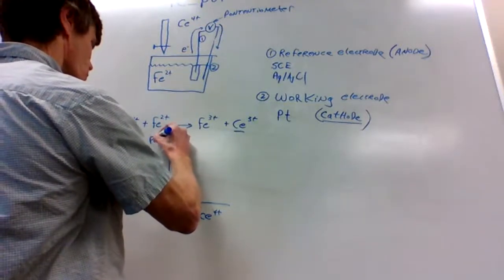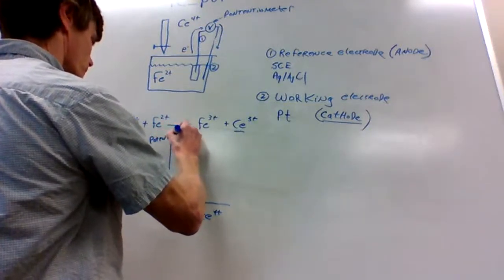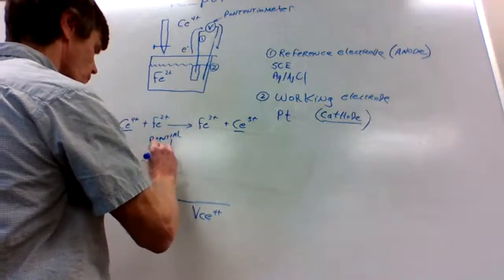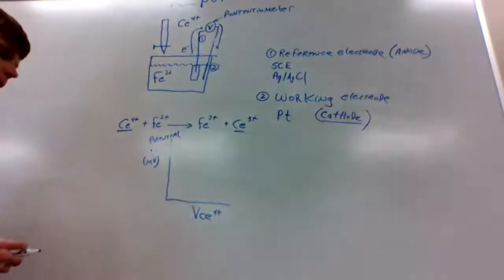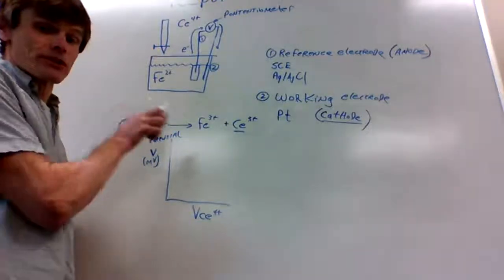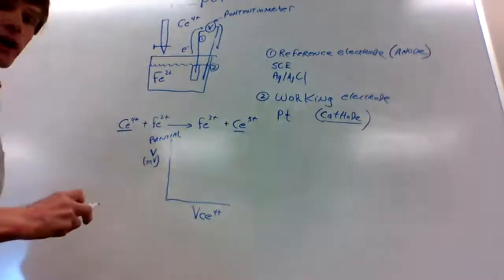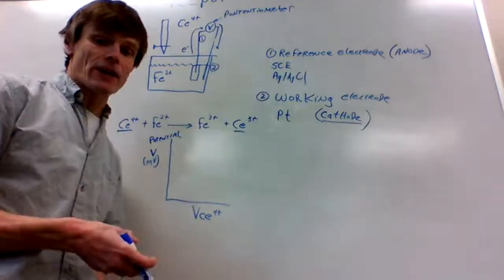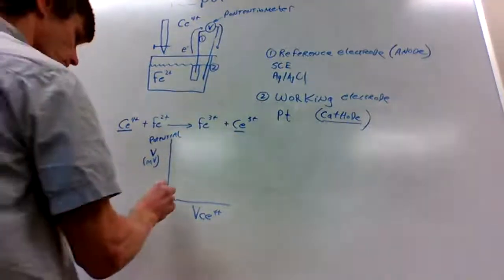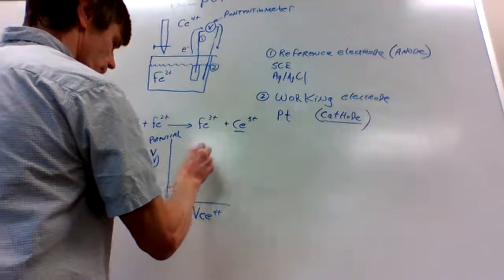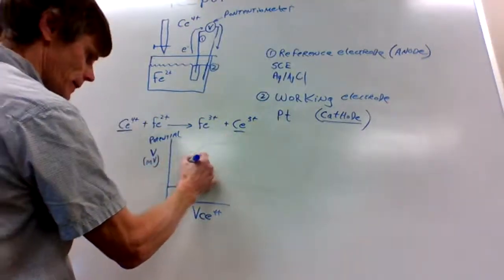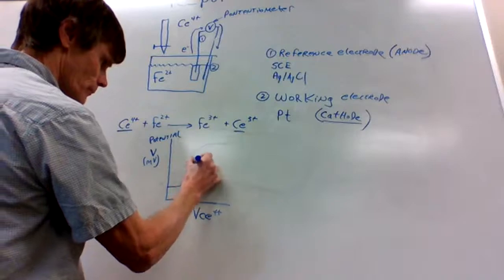Our potential is going to be in volts. We could also use millivolts for some cases. And what we're going to see in this particular experiment, and we're going to go through a few stages of this titration, is a potential that rises and increases sharply right here in this region.